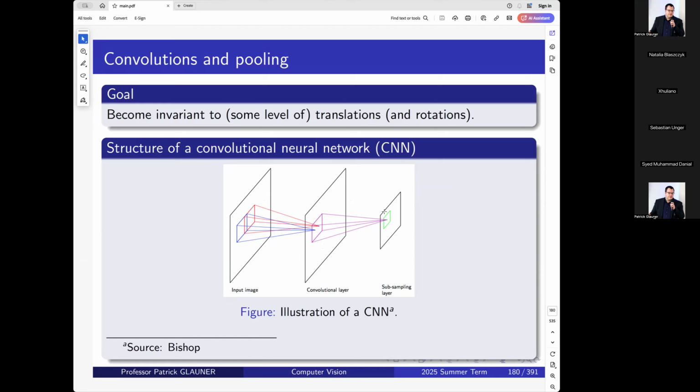And after the convolutional layer, we have a subsampling layer, which further compresses the information from the convolutional layer. And we will have very high level features coming out of this subsampling layer, so the layer after the convolutional layer. And this is the idea of a convolutional neural network that we will build now. Convolutional neural networks were already described in the 1980s, rather 1990s a lot.